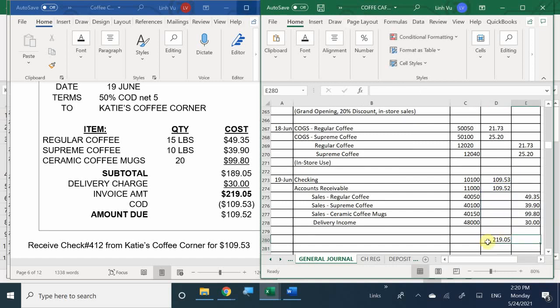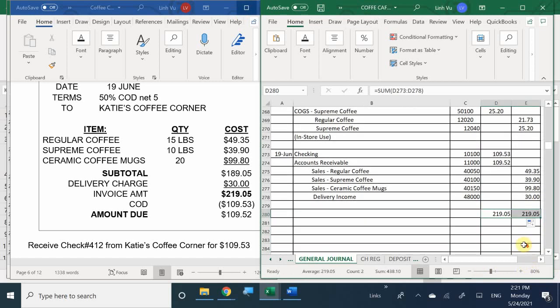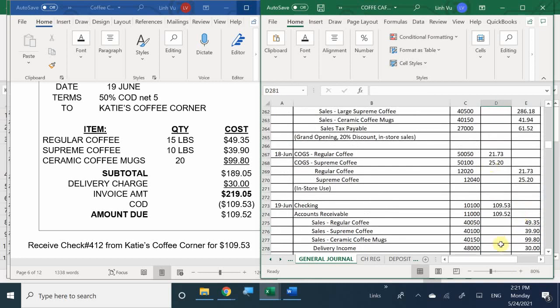Okay, so I get 219.05 on one side, 219.05 on the other. So good, we're good to go here.